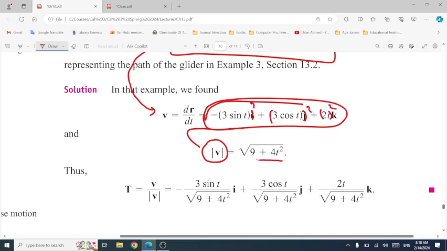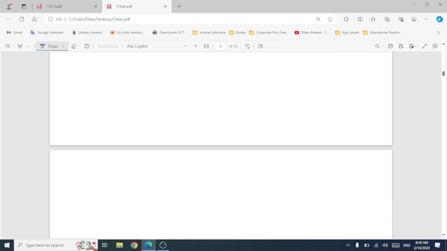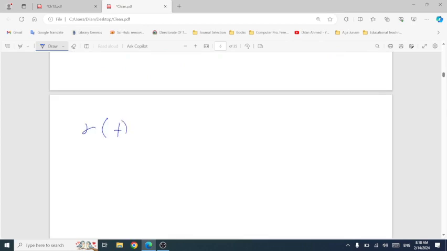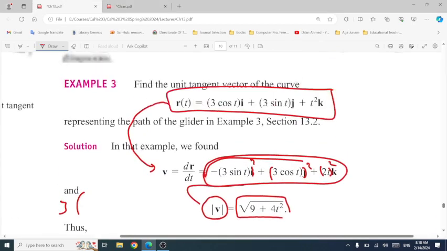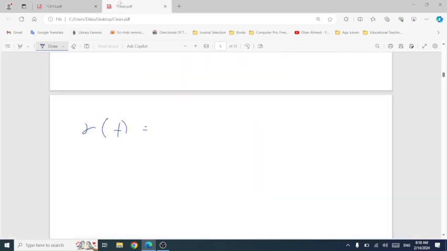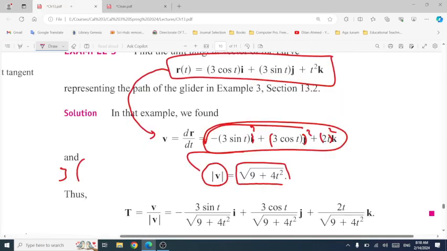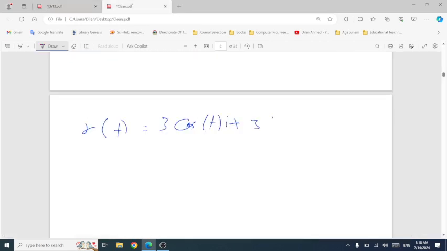If you take 3 as common, we say r(t) equal to 3 cosine t, 3 sine t, plus t squared.